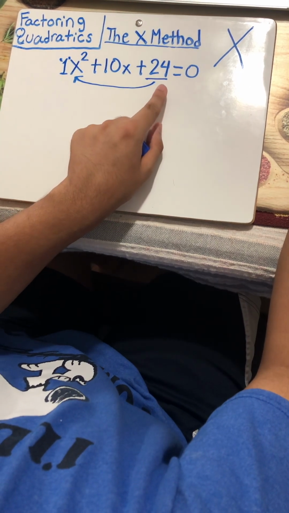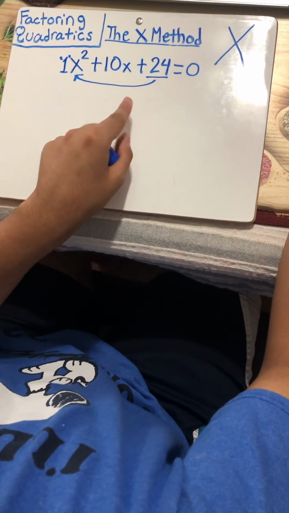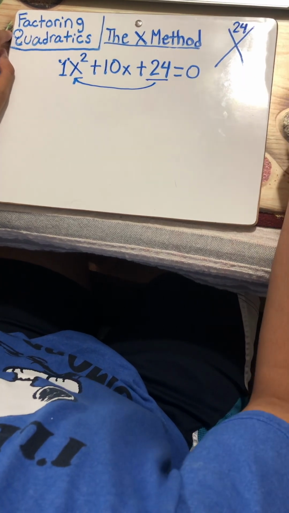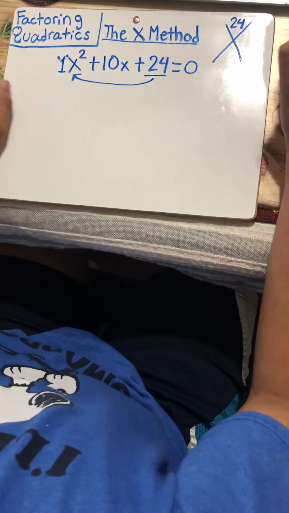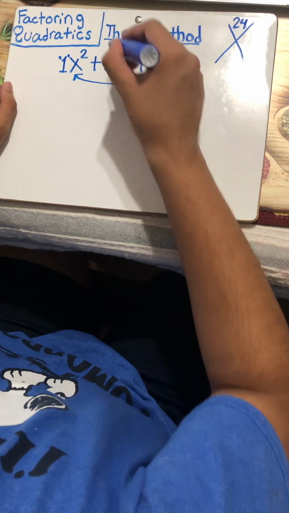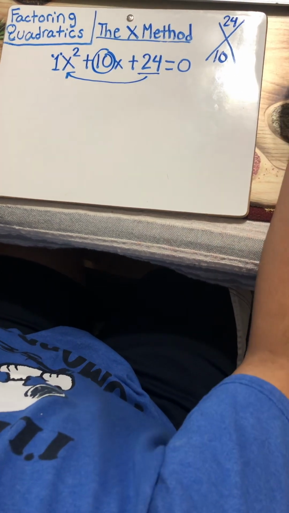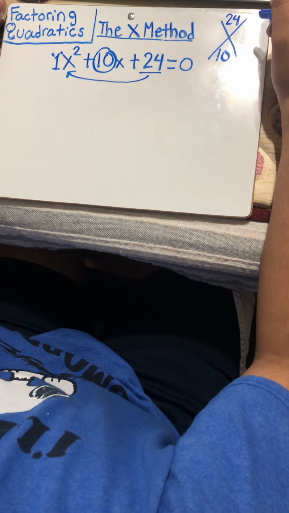So we know that 24 times 1 is equal to 24. So we write that on top right here. At the bottom of the x, we write the middle term's coefficient, which is 10. All right? We have finished setting up our x, and we can start solving.